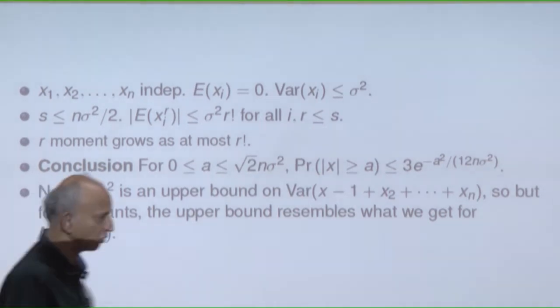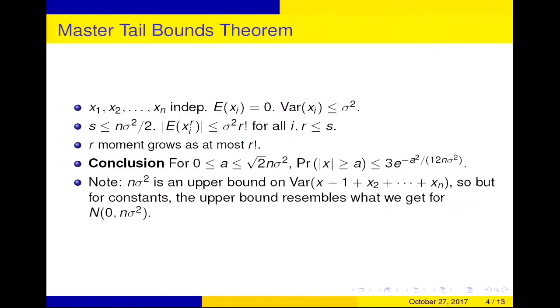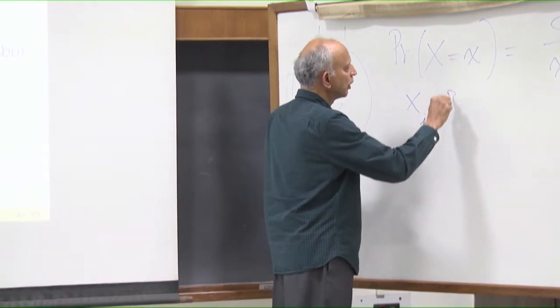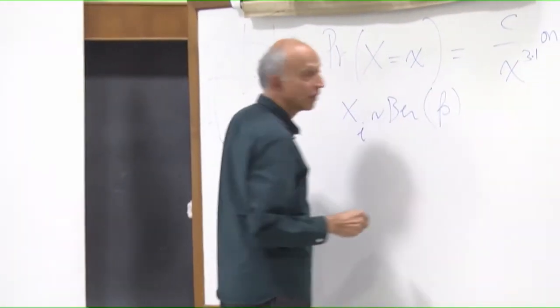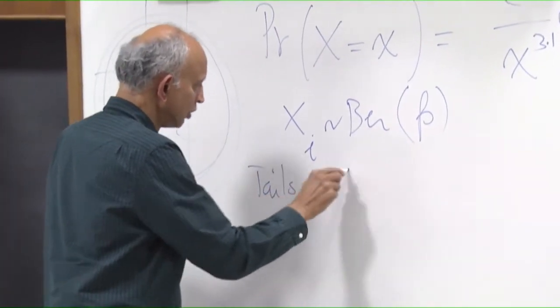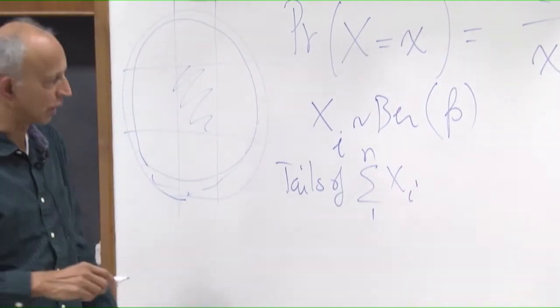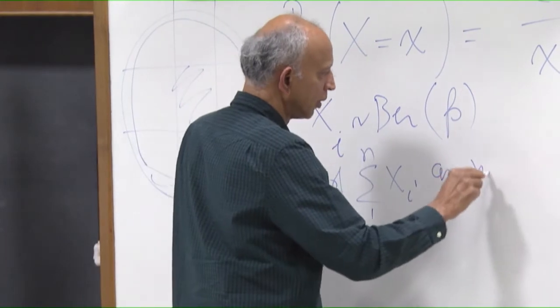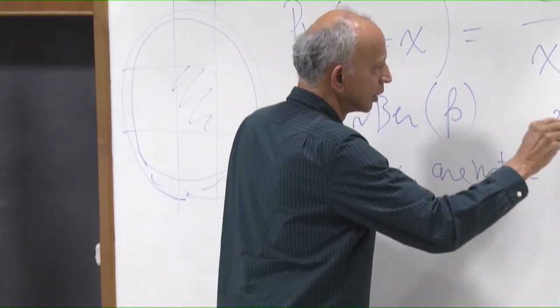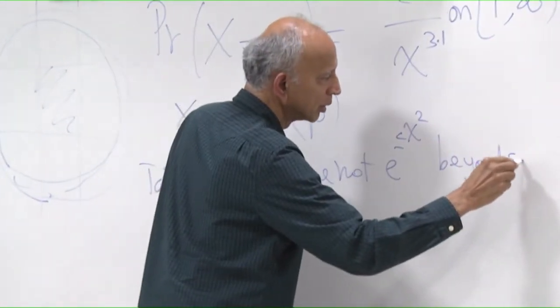You should always revisit this little thing: if I toss n coins with probability of heads being p, each Bernoulli p, then the tails of the sum of xi, 1 to n, are not Gaussian beyond a certain point, cx squared beyond some x.